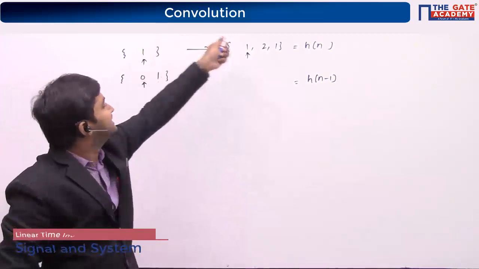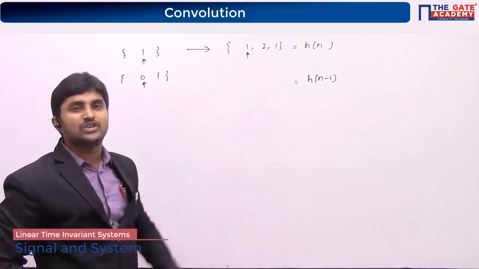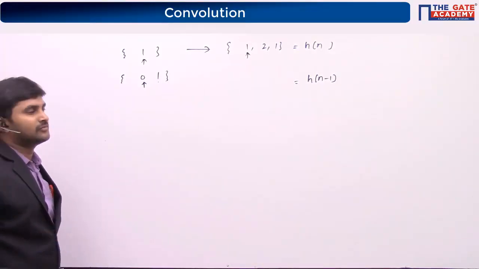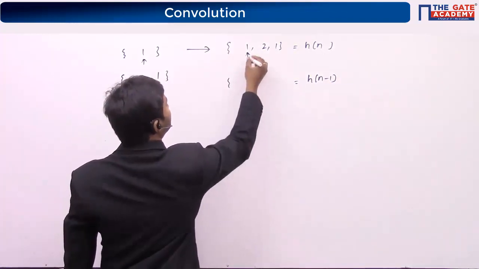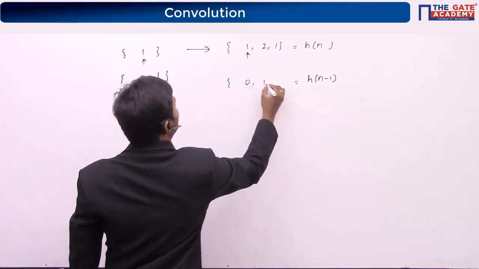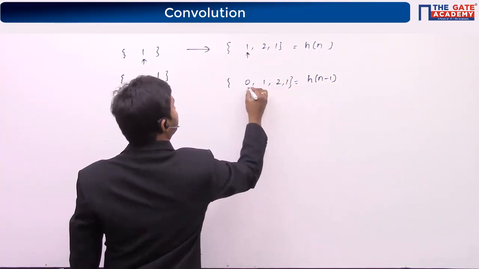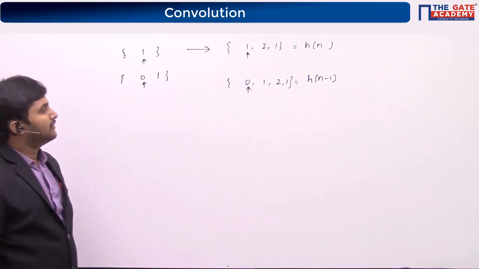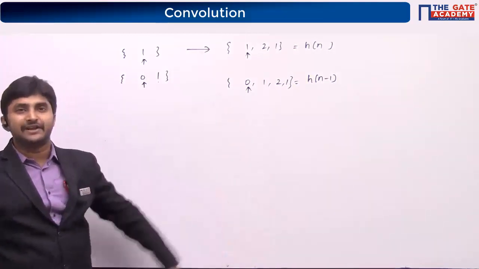Considering delta of n gives h of n, delta of n minus 1 should give h of n minus 1. So h of n minus 1 is going to be 0, 1, 2, 1. This is the impulse response, which is delayed.